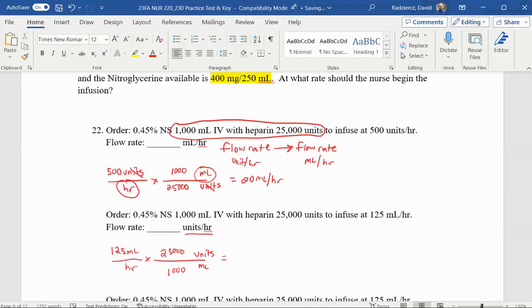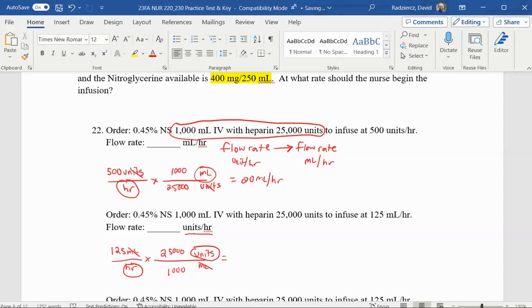And as always, a lot of you have been working with me for a couple years, you know that I do this mainly to show you that we're eliminating units, so that way we're left with what we're looking for. And unfortunately, the term units applies to everything, but then one of the units is called units. And what are we looking for? We're looking for units per hour. So we're converting milliliters per hour to units per hour.